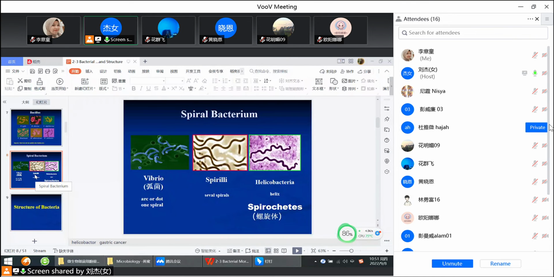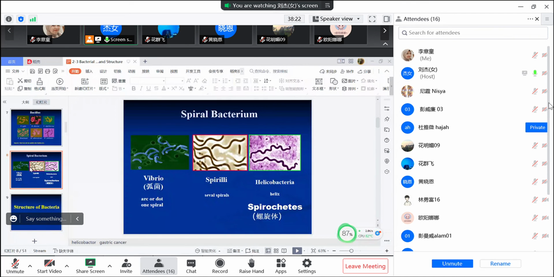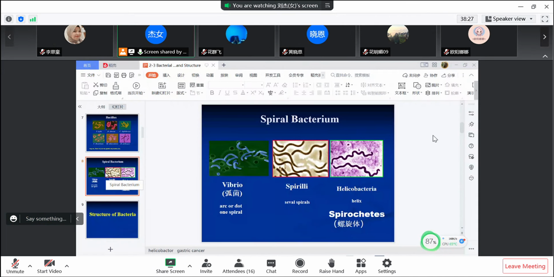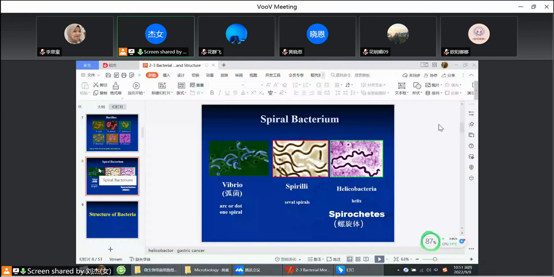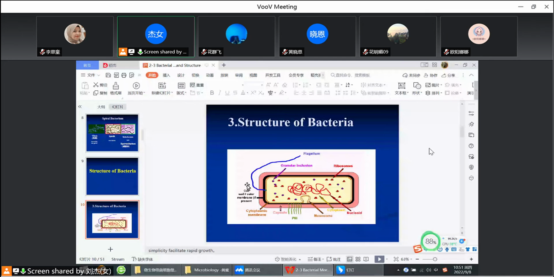Then compare it with what we have learned today, and put them into the groups we have learned. Do they belong to coccus, to bacillus, or to spiral bacteria? After the shape of bacteria, we need to learn the structure of bacteria.